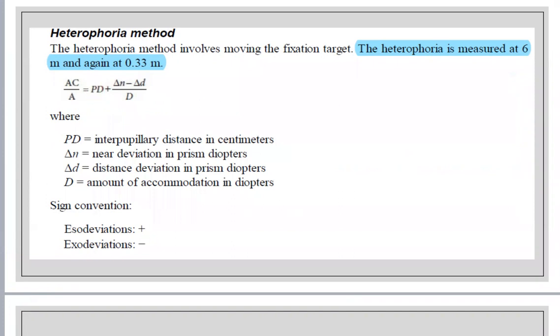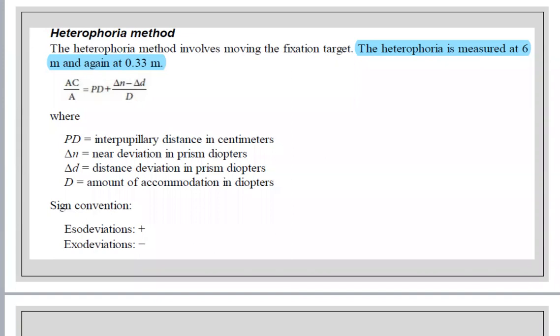So here both methods will depend on measuring the angle of deviation in near and the angle of deviation in distance, and the difference between them over the diopteric power needed in the near situation. This will result in the AC/A ratio.